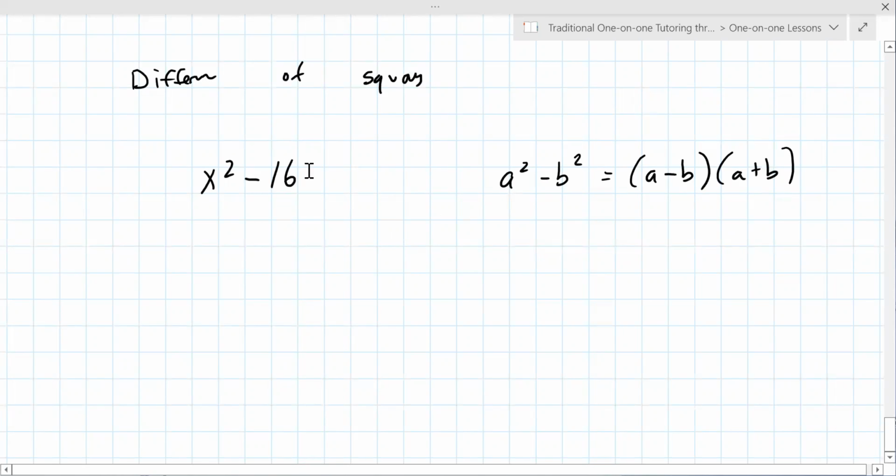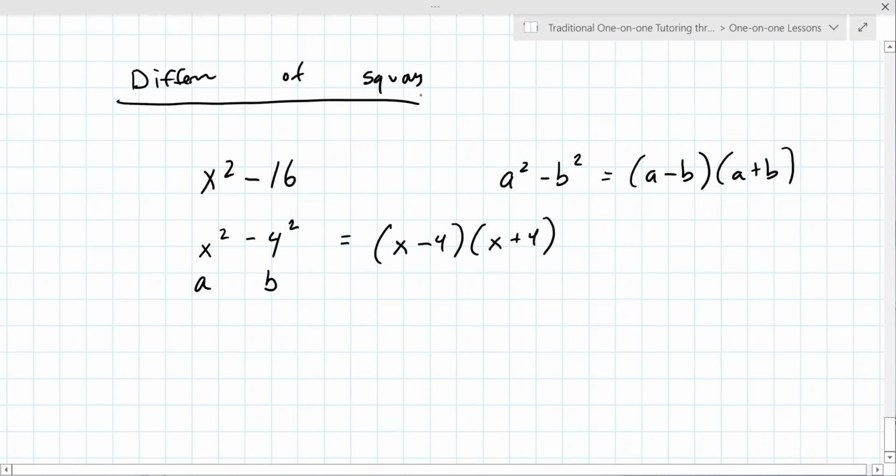To factor this correctly, you just have to reduce 16 into some number squared, which is 4. So your a is x and your b is 4. You can write this as x minus 4 times x plus 4. So the key to doing the difference of squares is always figuring out what it is that's squared. That is the key thing there.